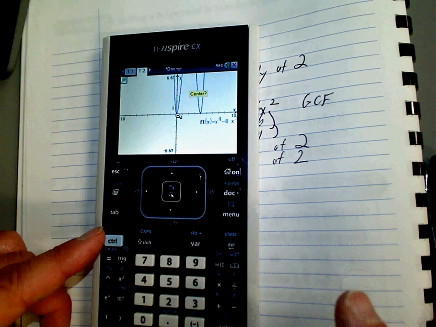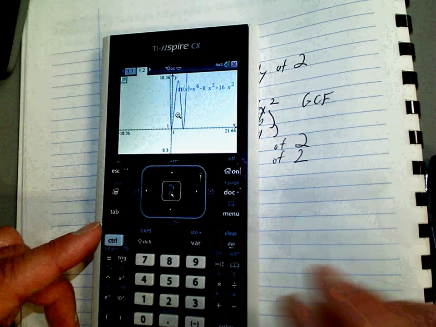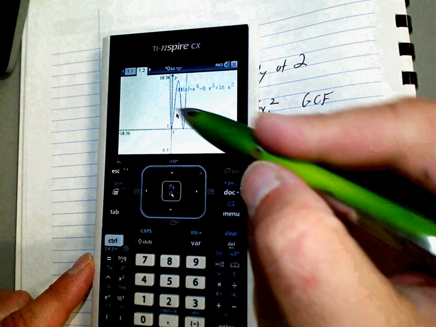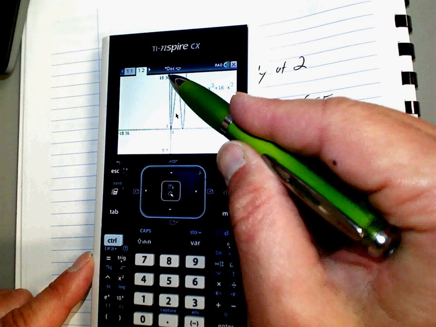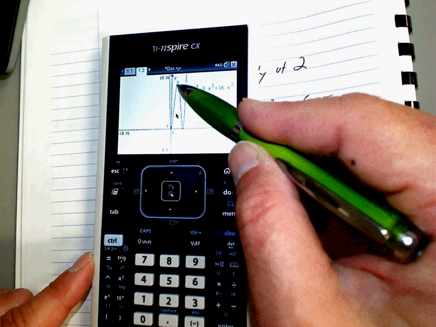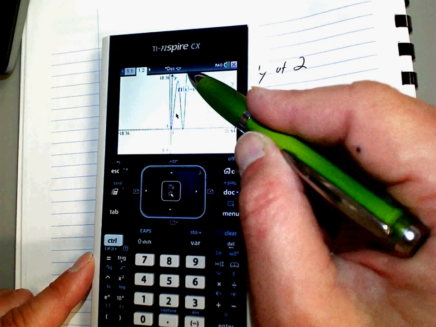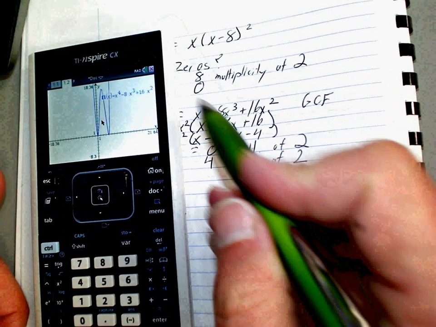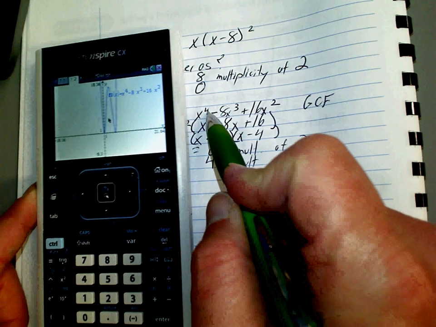There we go. So now you can see this line will forever go up, comes down, turns, relative max, there's a relative minimum, relative max, another minimum, and it forever goes up. So remember, anytime you have a polynomial to the 4th power, that's an even degree, your terminal ends will be going the same direction.